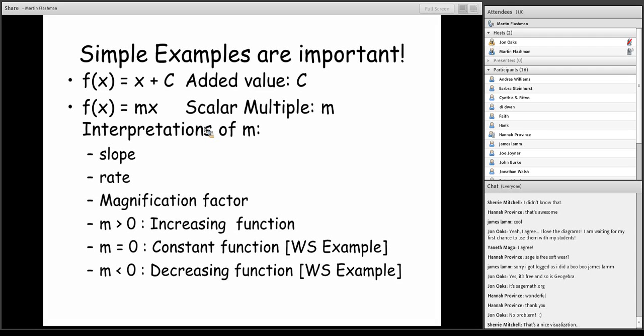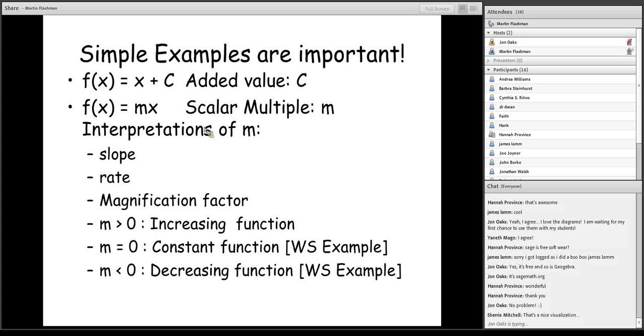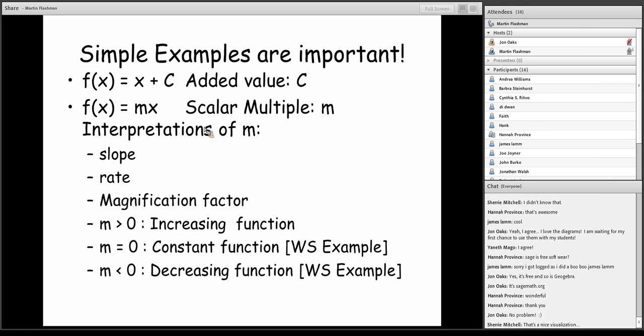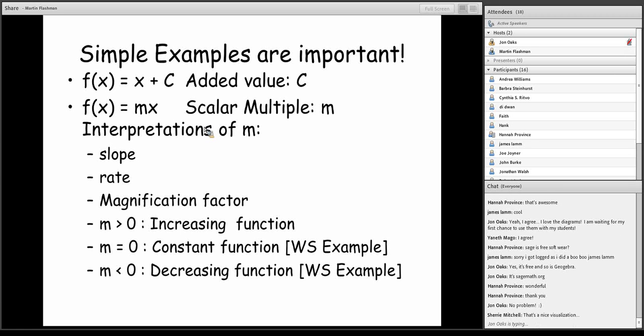The basic concepts that you're going to use in functions all along can be learned and started on in the linear function. So that's where I'm going to start, and that's probably where we'll get to in the examples here.